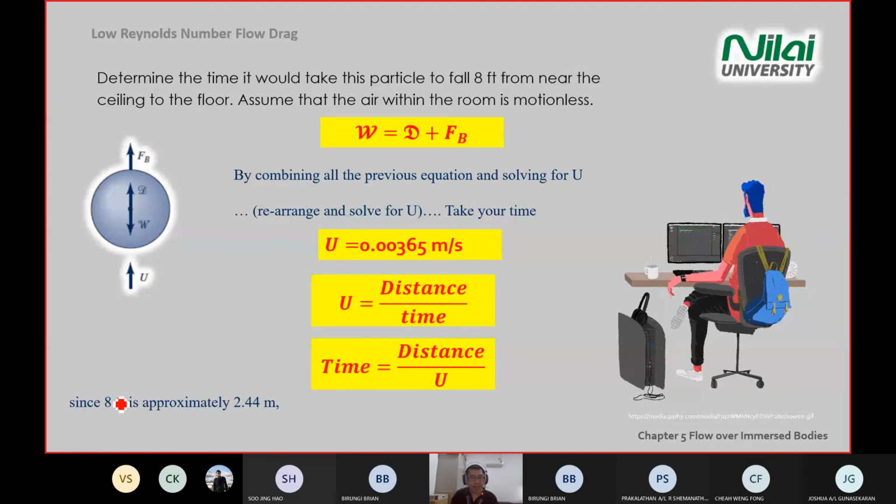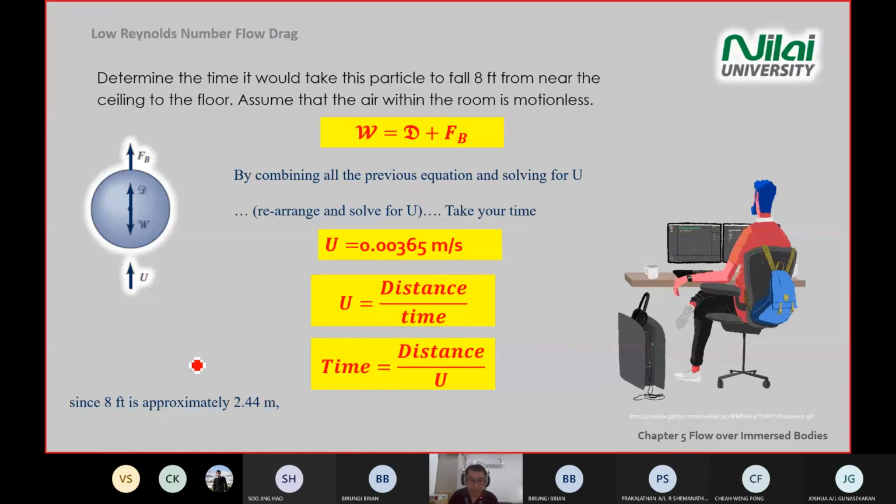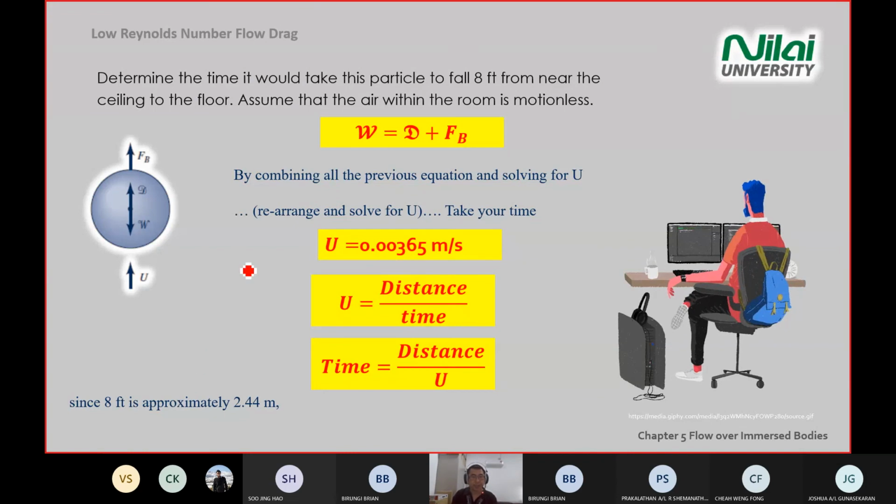In a normal exam paper, you won't see a mixture of English or imperial units. All you will see is SI units. So at the end, you can find the time equal to 600 something seconds, 668 seconds.